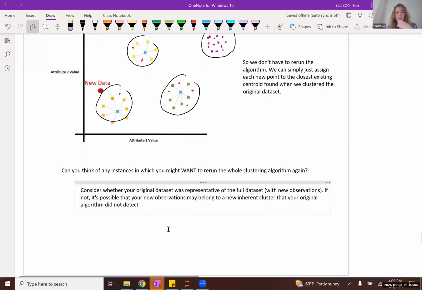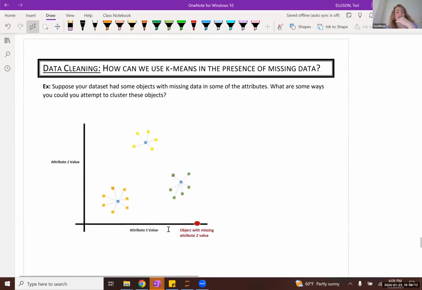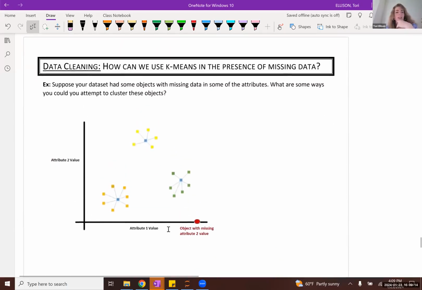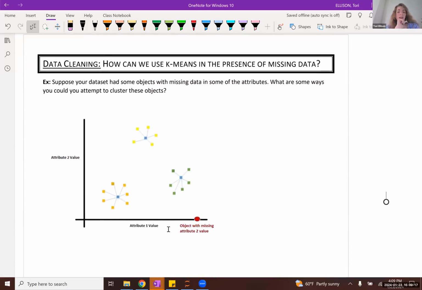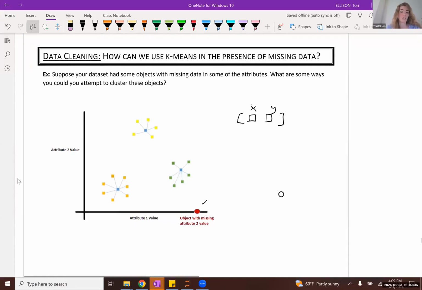Okay, that's how you might think about incorporating new observations. Now let's also think about a data cleaning decision. Let's say most of our observations in a given data set had a complete set of values. So we had the x-axis value, we had the y-axis value. But let's say there were a couple of observations that had a missing value on one of the attributes. For instance, this observation, we know the x-axis value, but the y-axis value is missing.